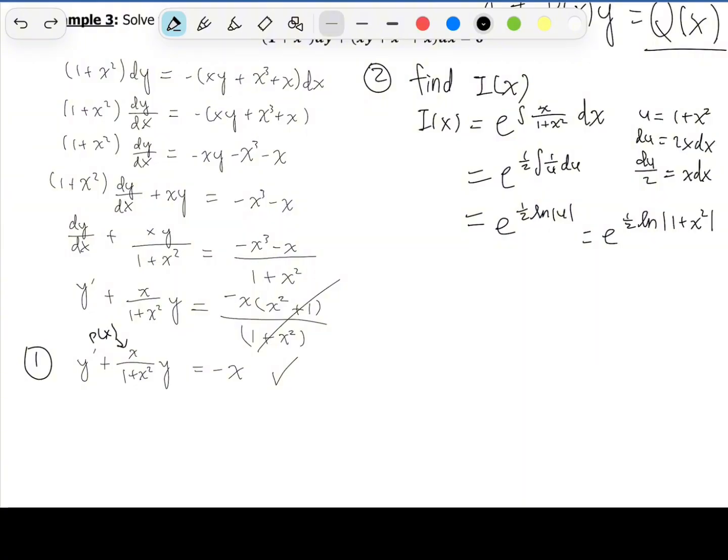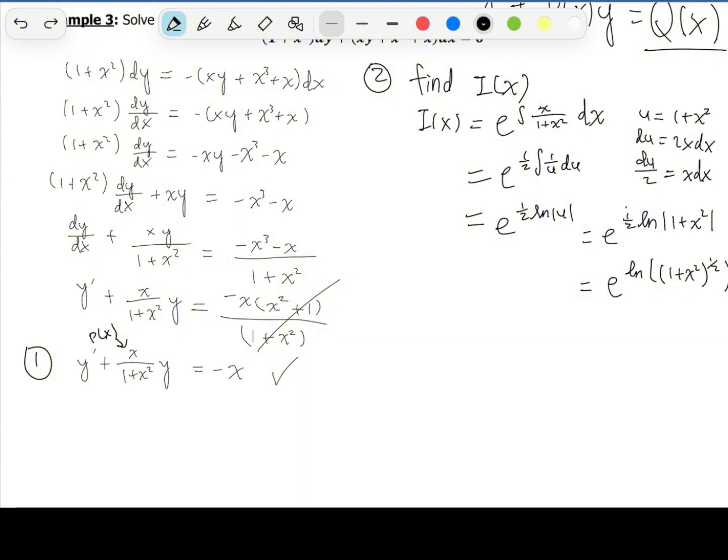But we're not quite done yet because we can simplify this. E to the 1/2 ln of 1 plus x squared is the same as e to the ln of 1 plus x squared to the power of 1/2. And now you can go ahead and cancel.